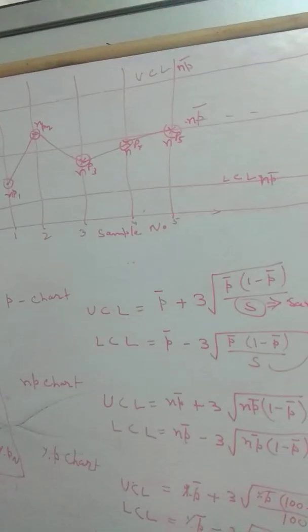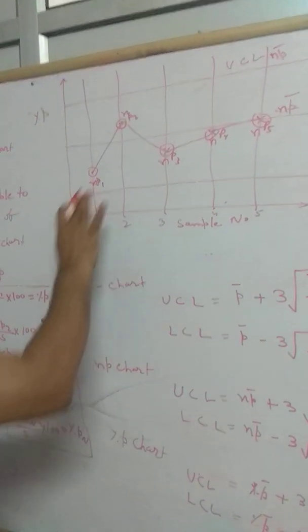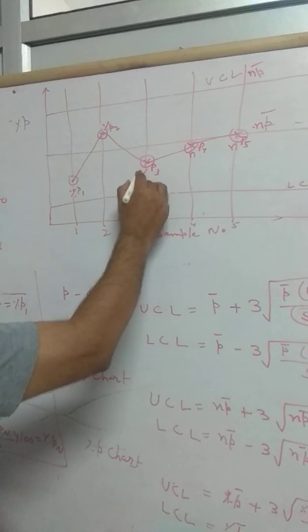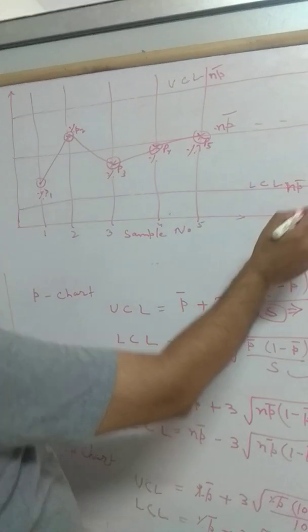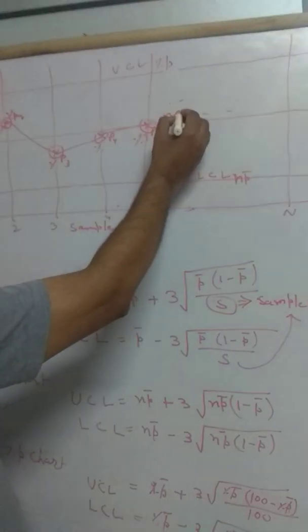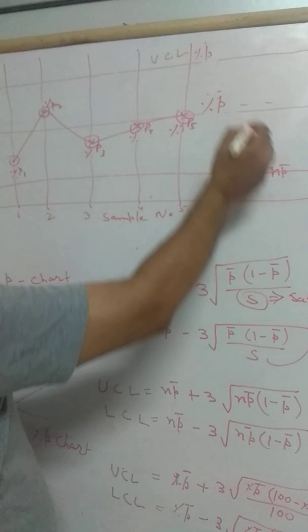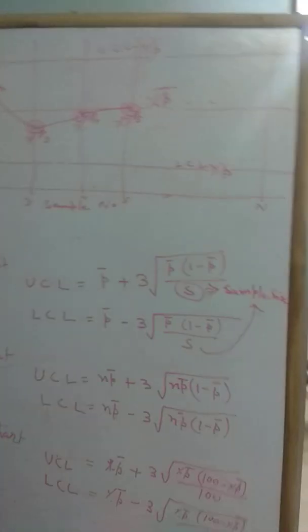And if we need to construct the percentage P chart, then here we will put the values of percentage P1, percentage P2, percentage P3, percentage P4, percentage P5, likewise, and here we have the UCL for percentage P, the percentage P bar line, and here we have the LCL for percentage P. Okay. And in this way we can also draw the percentage P chart.